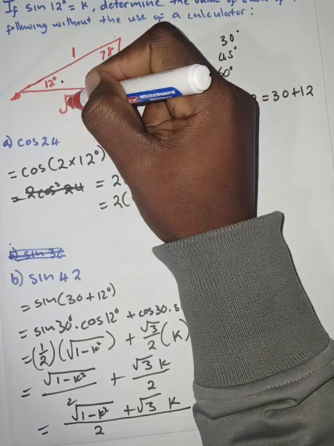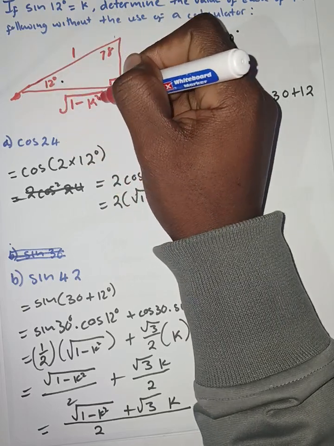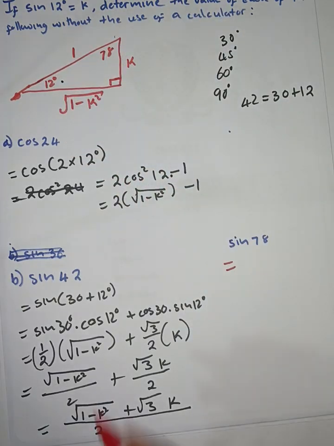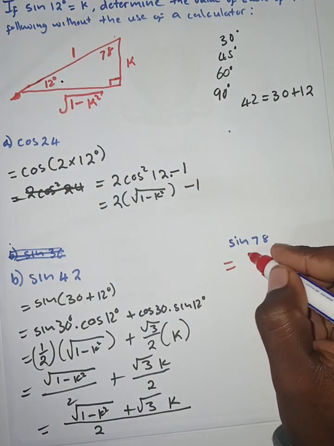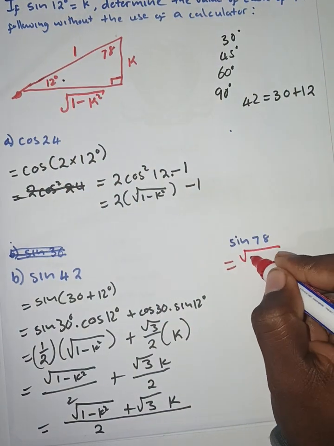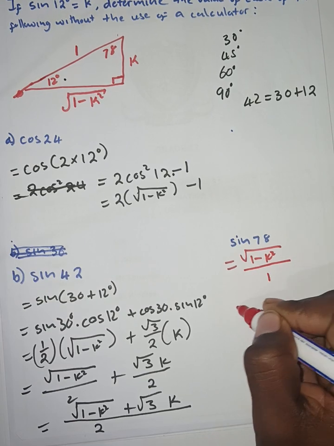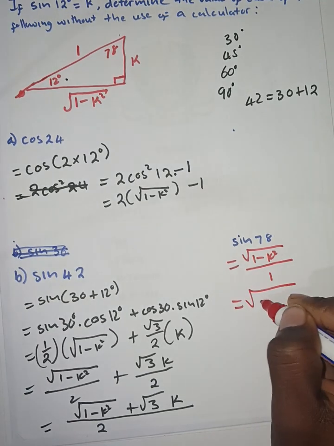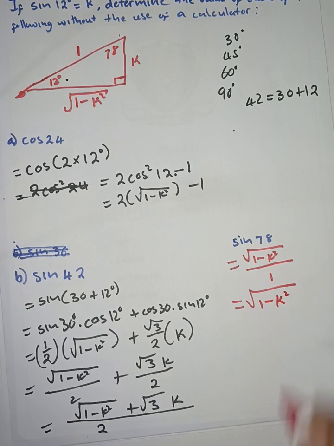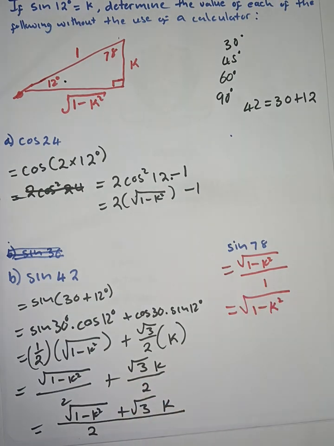This length here, root 1 minus k squared, would be the opposite, and the hypotenuse would remain the same, which is 1. So the value would just be root of 1 minus k squared. That would be the value for sine of 78.